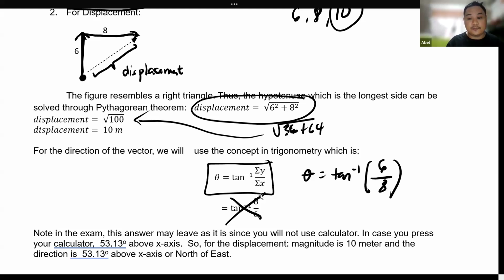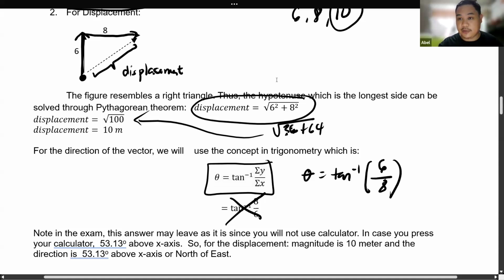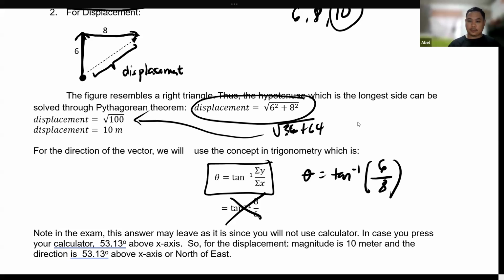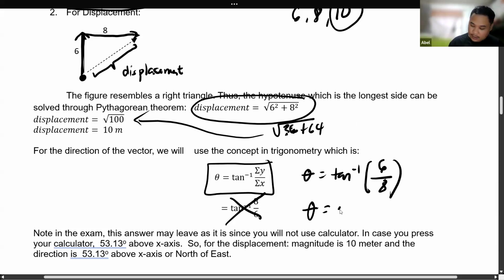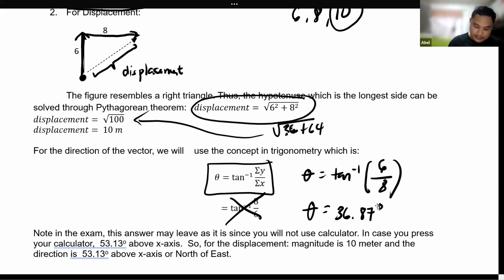If we press our calculator, what is arctan 6 over 8? The value of arctan 6 over 8 would be 36.87 degrees. So 36.87 degrees about the x-axis.